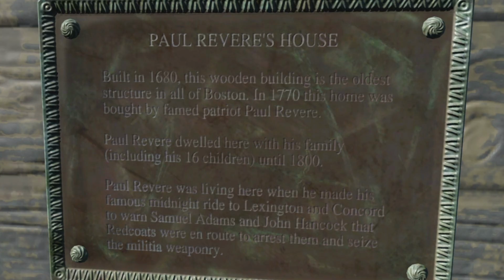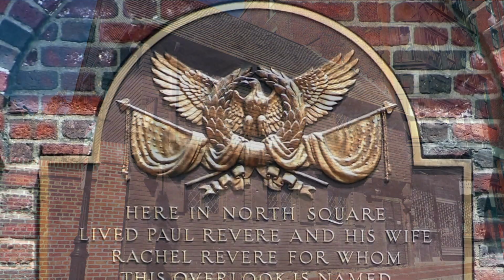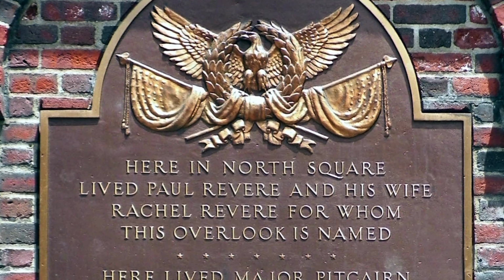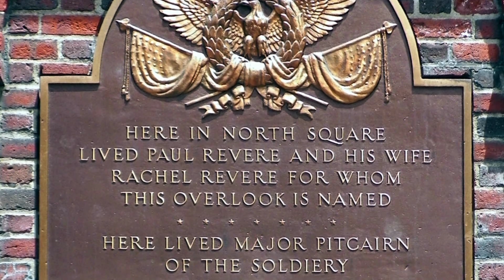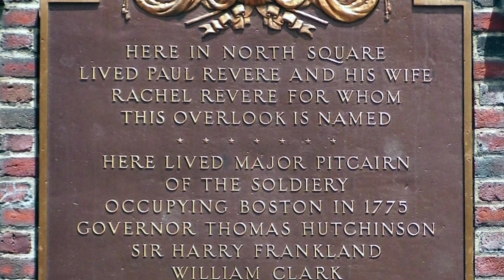And although the dates and locations are correct, and the individual, of course, is correct, the plaque also doesn't exist in our reality. The closest thing that I can find is another plaque that actually exists that says, "Here in North Square lived Paul Revere and his wife, Rachel Revere, for whom this overlook is named." And then it mentions some other soldiers and individuals who lived nearby as well.